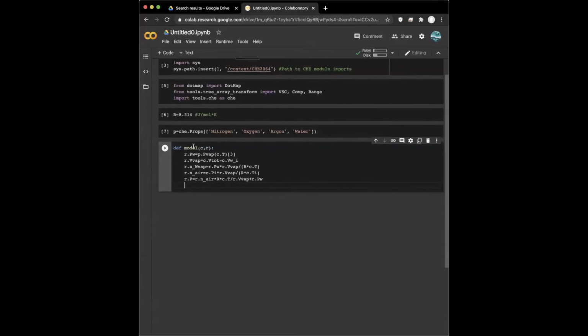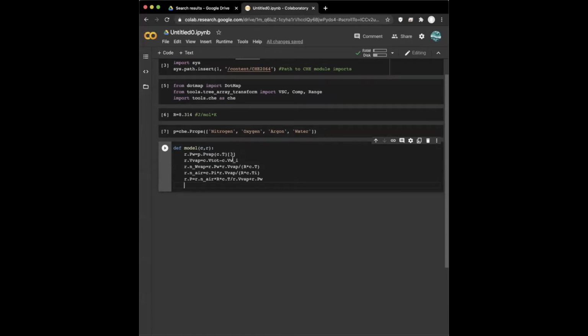So this may look like a lot of different letters and it just kind of looks like a mess. So let's go over it. The R dot PW is the pressure of the water. P dot PVAP, that is the pressure of the vapor, and C dot T is the temperature. The same for VVAP, that's the volume of the vapor. V total is the total volume.